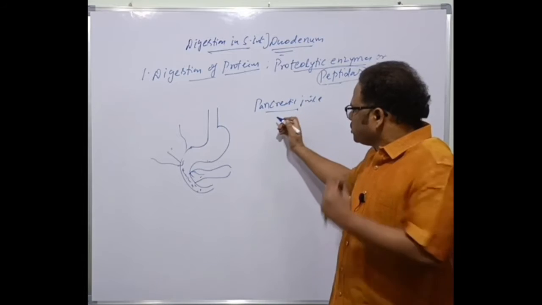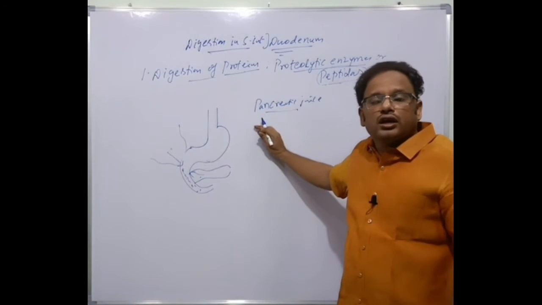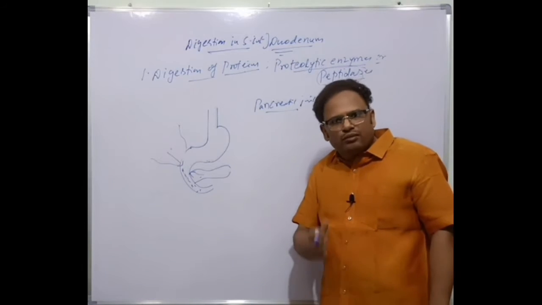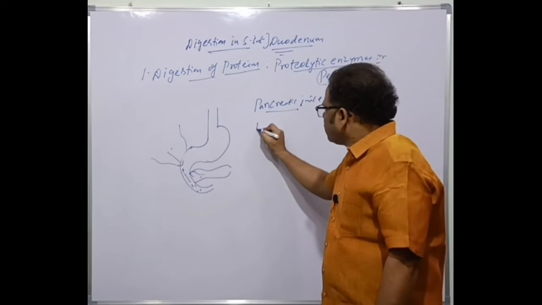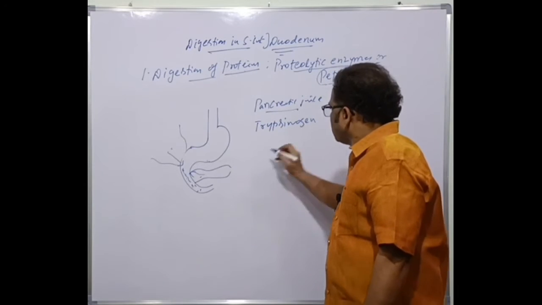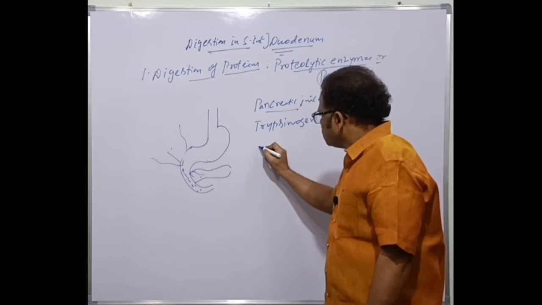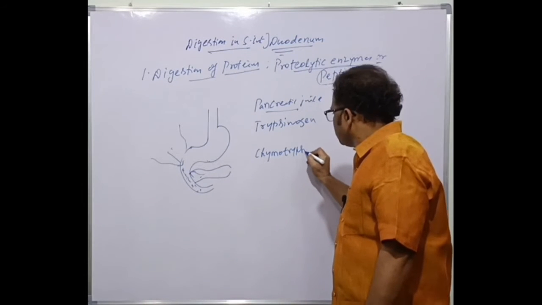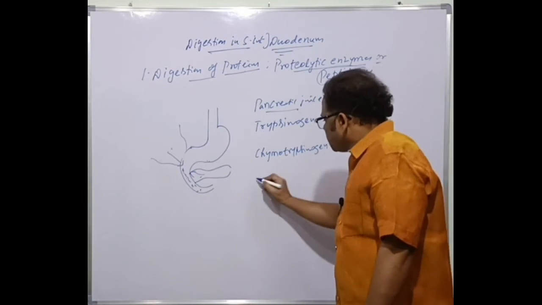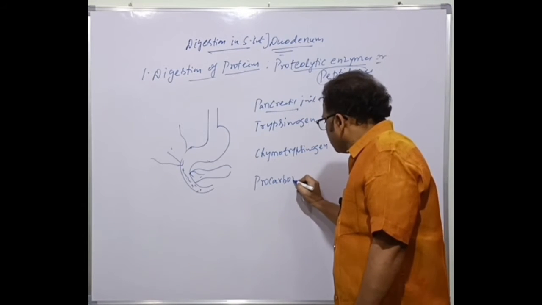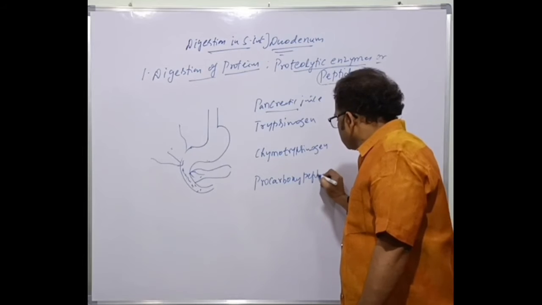The pancreatic juice contains the enzymes in the inactive form. What are the inactive forms of enzymes called? Proenzymes or zymogens. One is trypsinogen. Next one is chymotrypsinogen. And the next one is procarboxypeptidases.